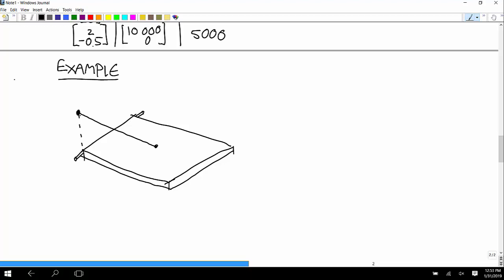And we'll use a coordinate system like this. I'll call this X, this Y, and this Z. And let's say that this is the about point.